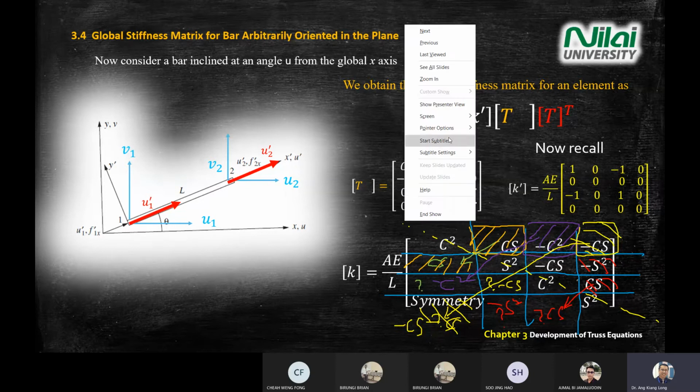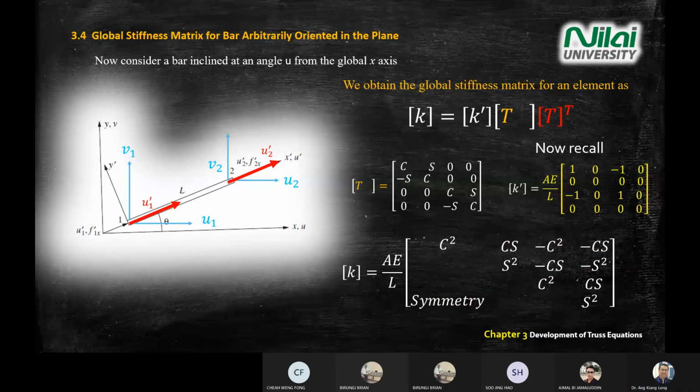Okay, so in exam or in test, I am expecting you to fill this gap. You need to write all these numbers in your test or exam. If you write symmetry, I will discount some marks. I need to see whether you understand how to fill in these numbers.